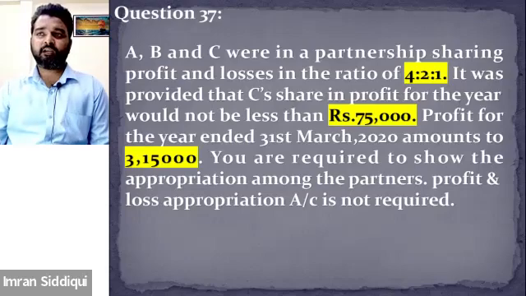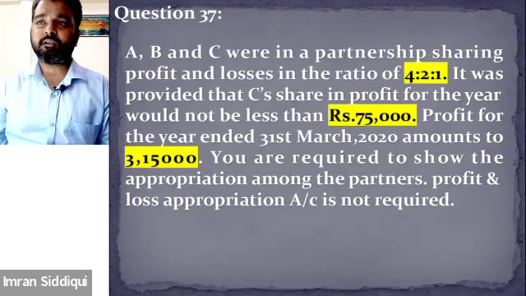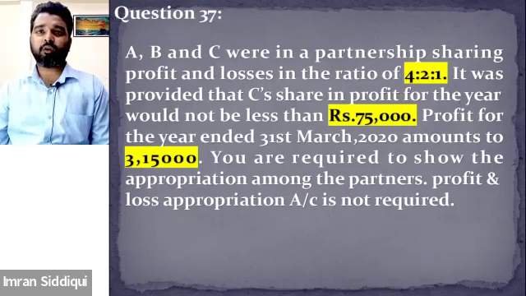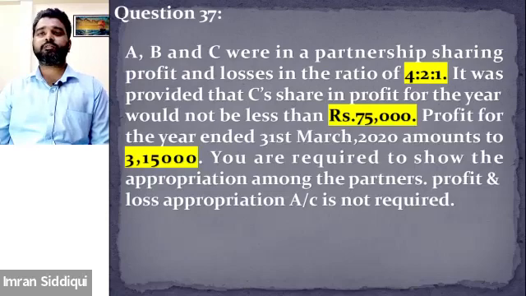And this guarantee was given by both the partners, right? Since it is not mentioned in the question who is giving the guarantee, we will simply presume that this guarantee is given by both the partners A and B. Profit for the year ended 31st March 2020 amounts to 3,15,000.